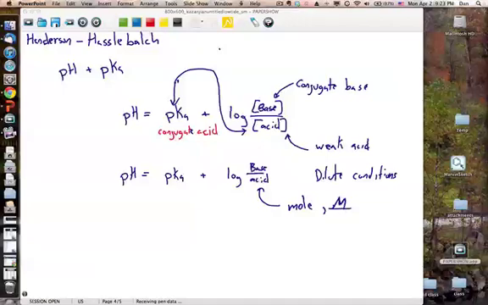And that's a very big time saver for us because, as we talked about last, it's very easy to find the number of moles of conjugate base or number of moles of conjugate acid. Additionally, because this is a ratio, buffers are great because you can dilute them without radically changing the pH.